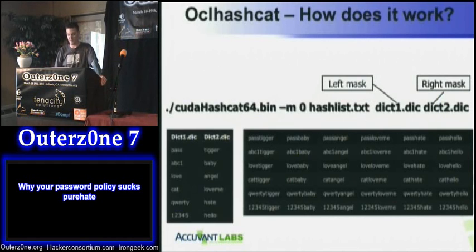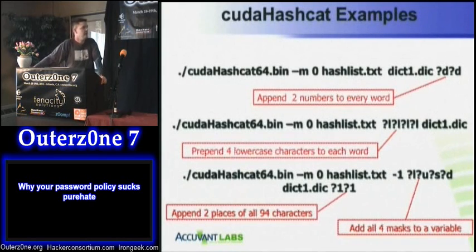I have a few more examples to make that left and right mask make a little more sense. In the first example, you can see at the end I have my left mask and my right mask. Remember my masks, D was digit, right?